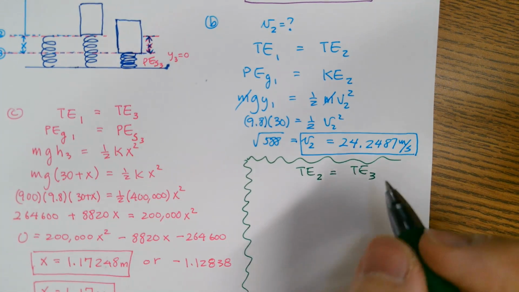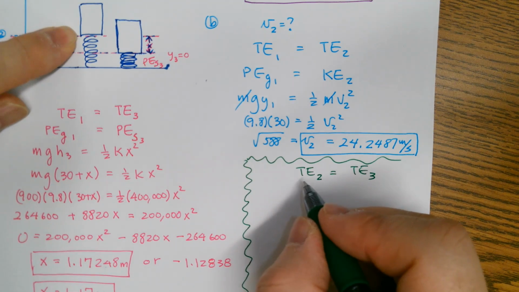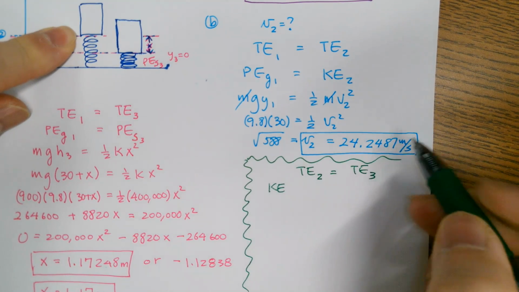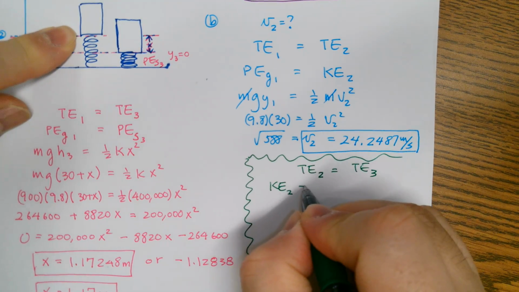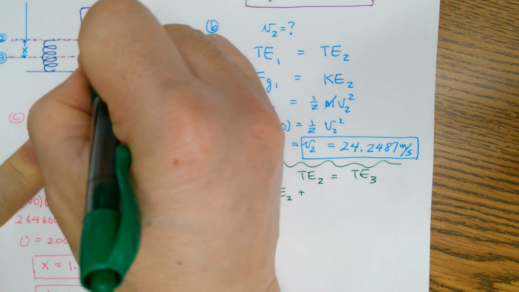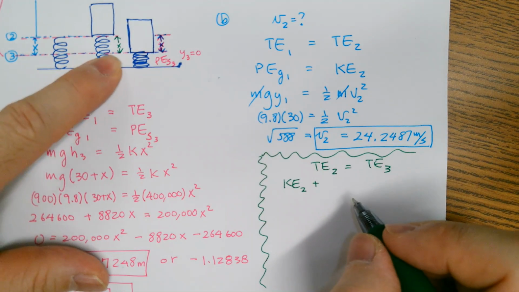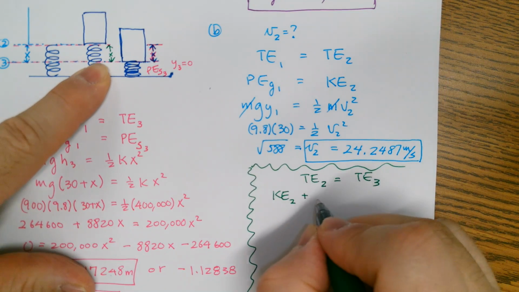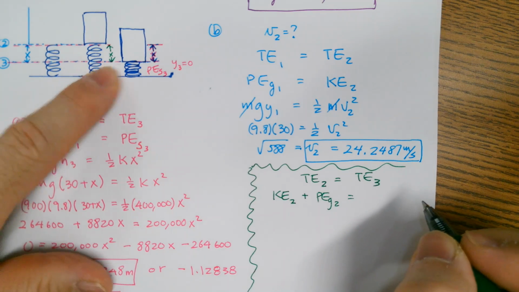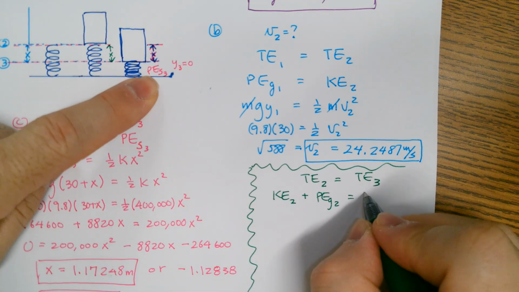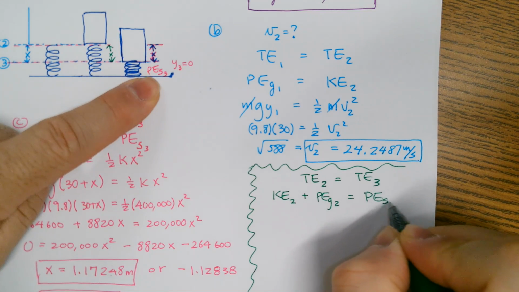At 2, I have kinetic energy traveling at this speed, plus I still have this tiny potential energy, because I still have this as my 0. So my gravitational potential energy at 2 has to equal my total energy at 3, which is just potential energy of the spring at 3.